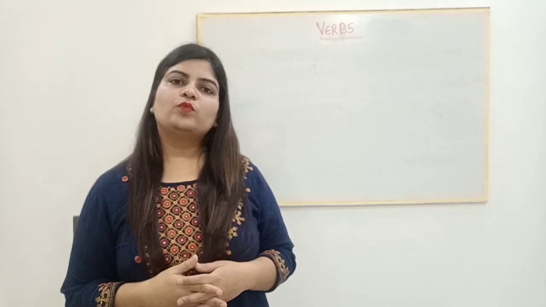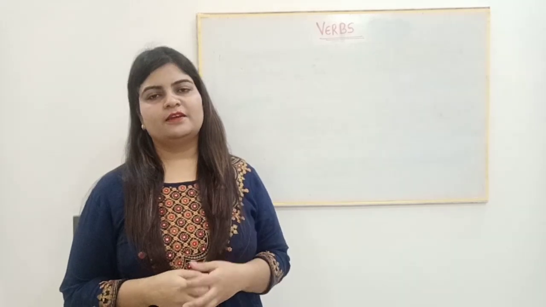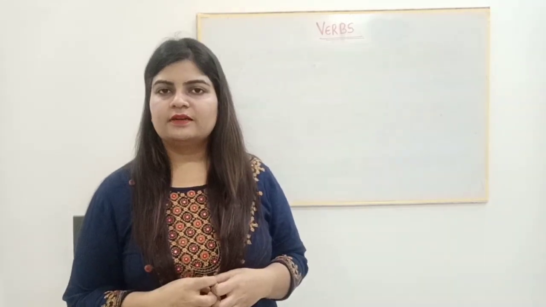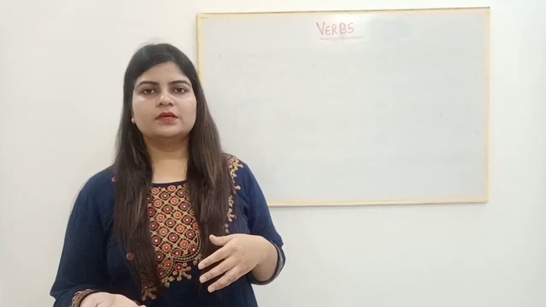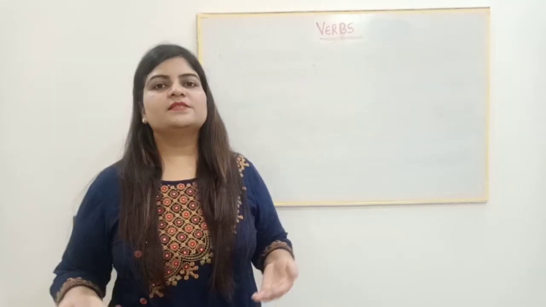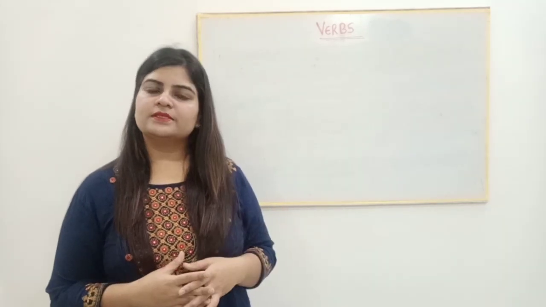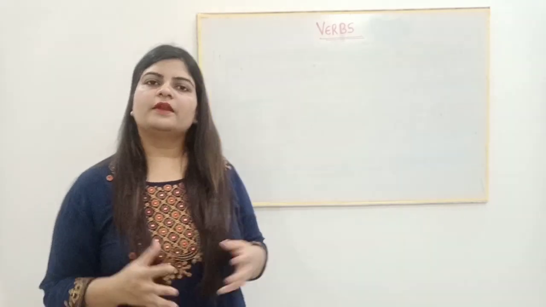Now, let's understand what infinite and finite verbs are. As you can understand by the name, finite has something to do with number, and infinite has nothing to do with any kind of numbers. So, we will understand this in detail.